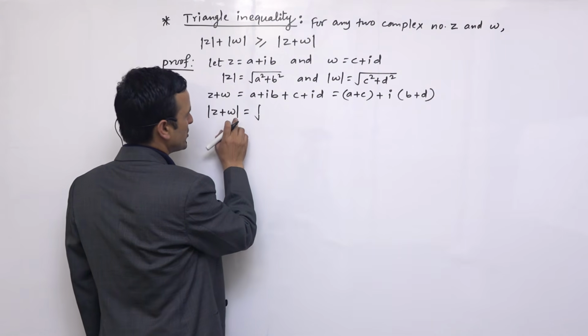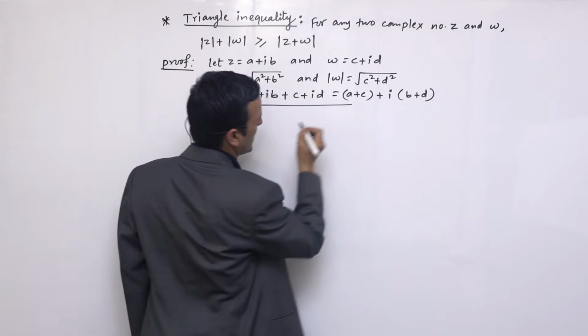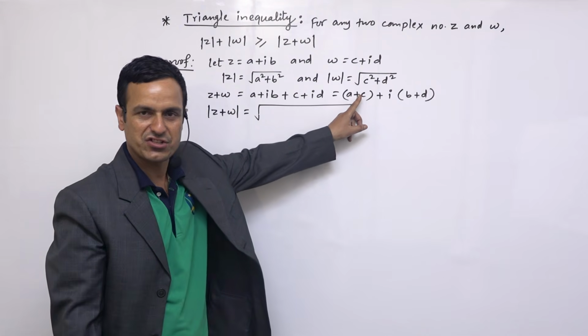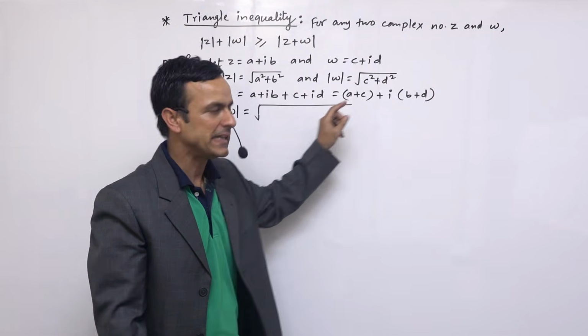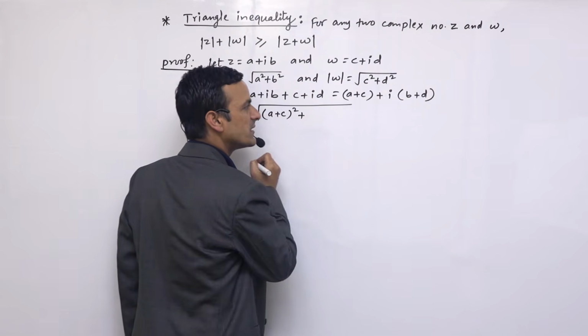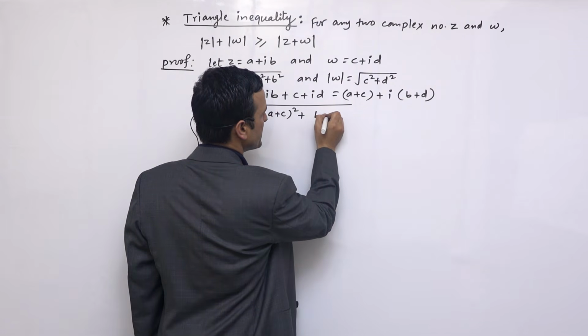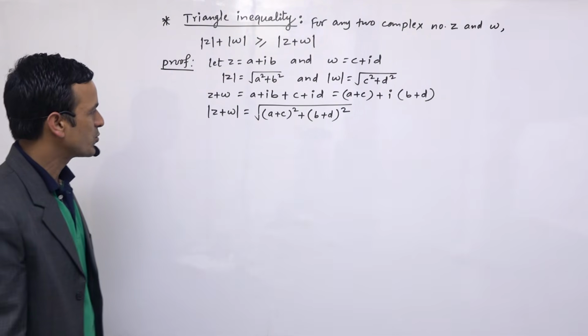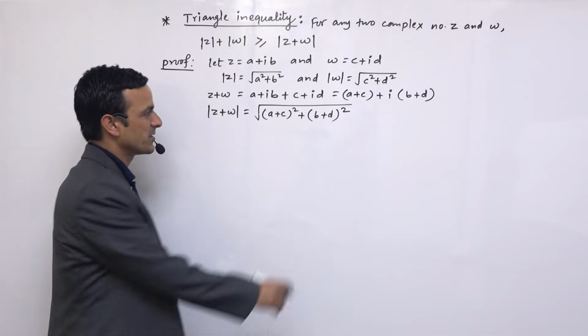So the absolute value of z plus w is the root of real part squared, that is a plus c to the power 2, plus imaginary part, b plus d to the power 2. In this way we can find the absolute value of this.